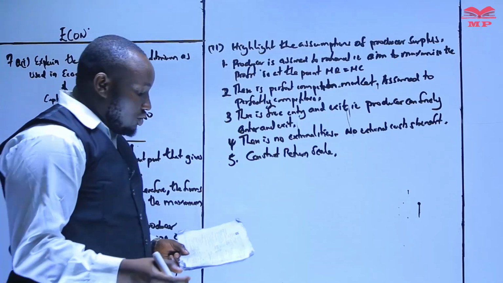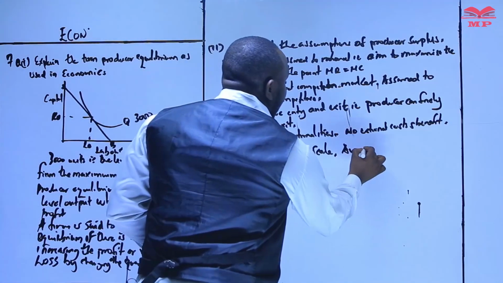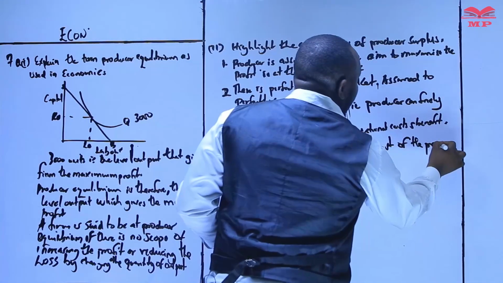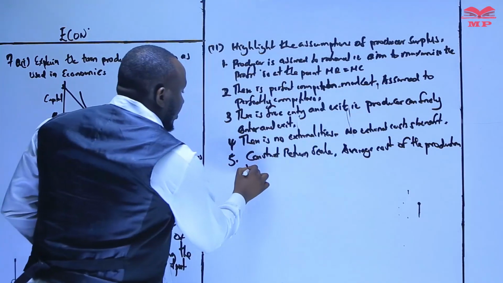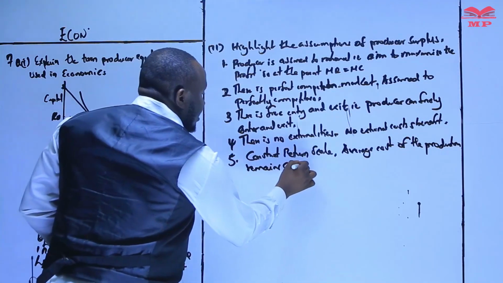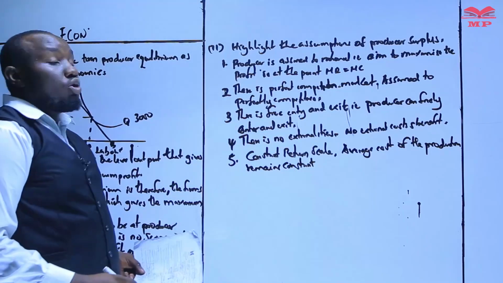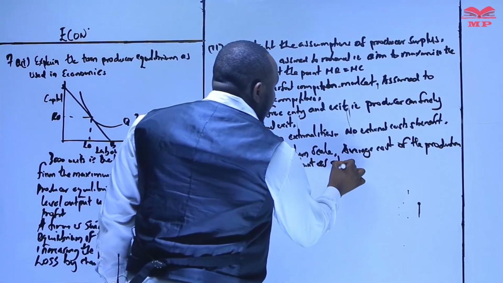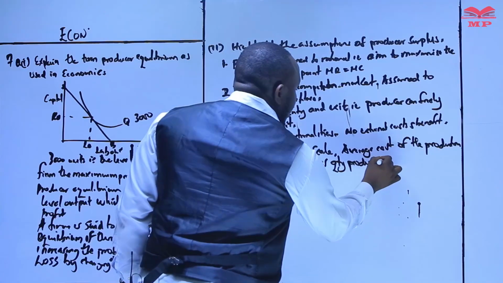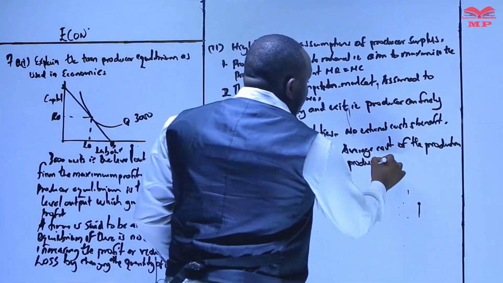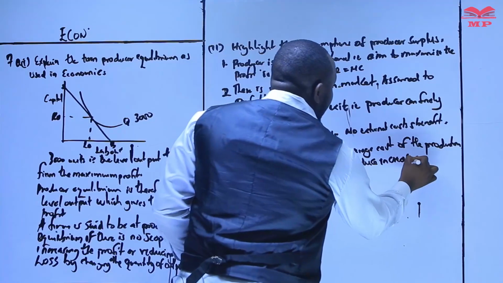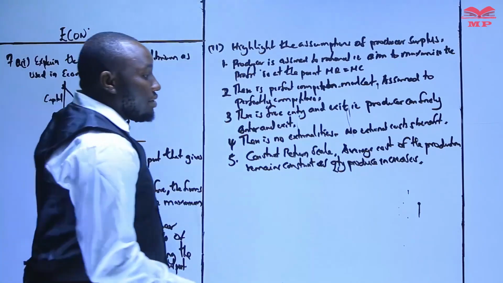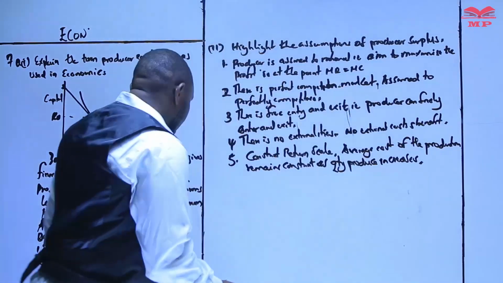We know that average cost of production remains constant as the quantity produced increases.